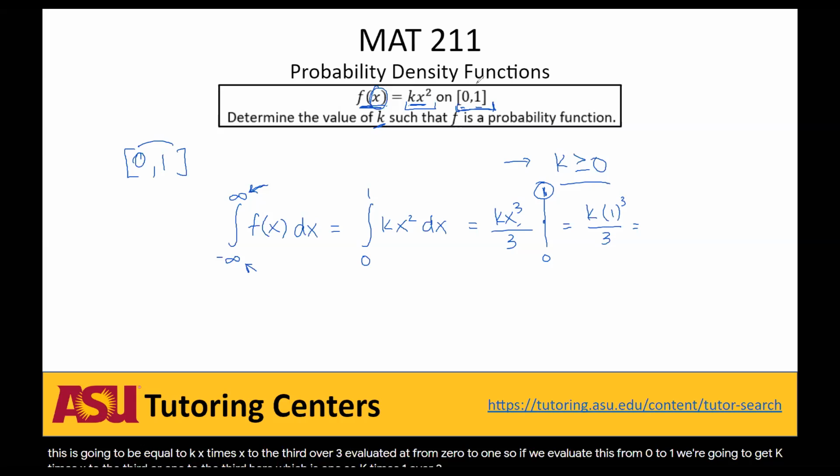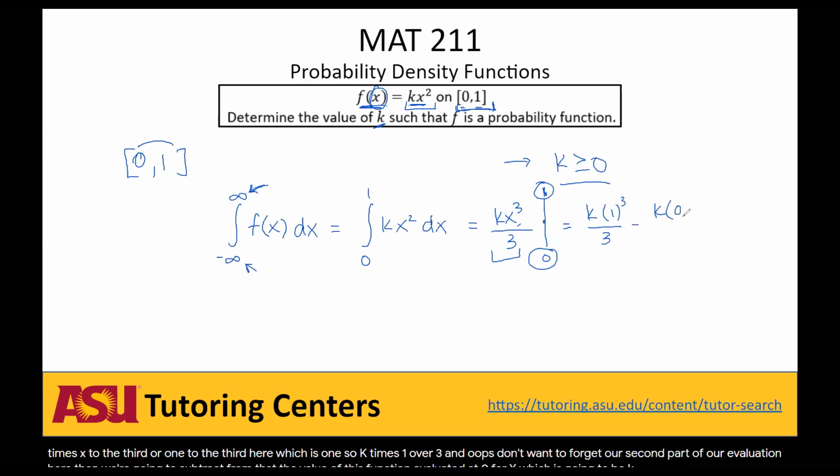And, whoops, don't want to forget our second part of our evaluation here. Then we're going to subtract from that the value of this function evaluated at 0 for x, which is going to be k times 0 to the third over 3.